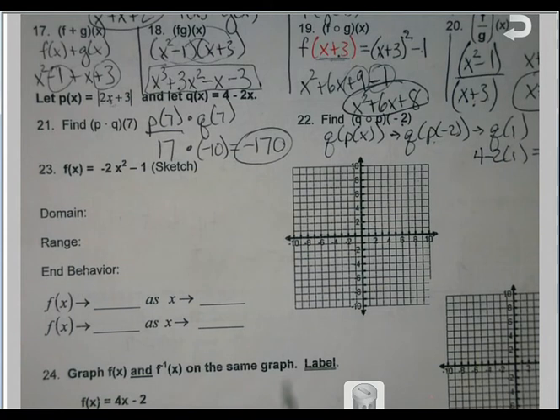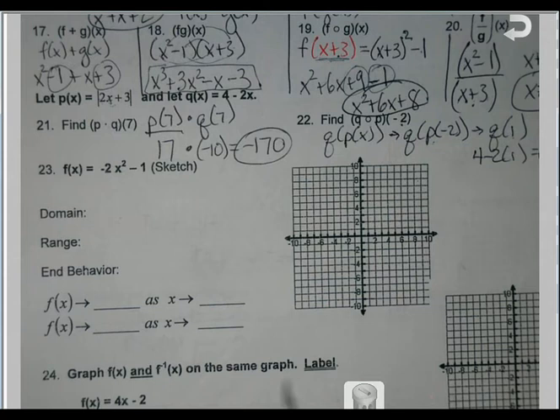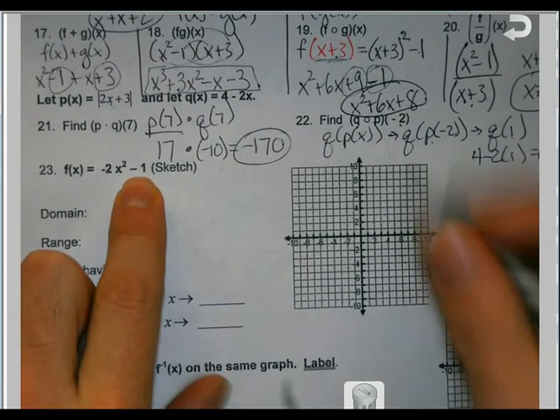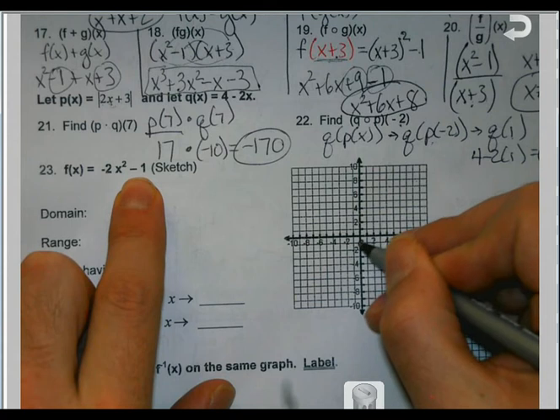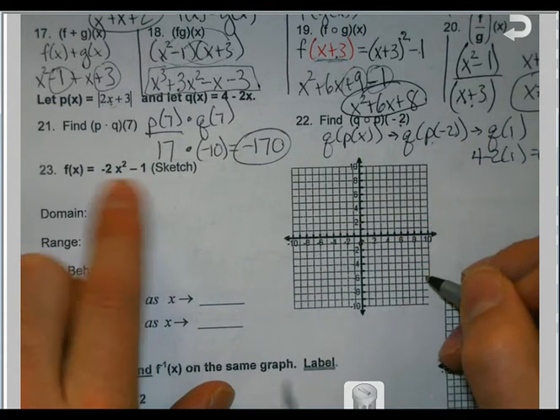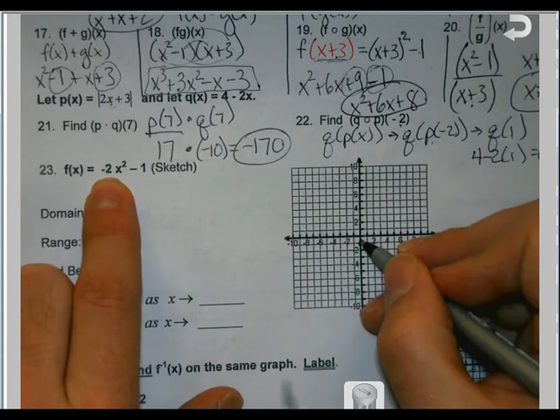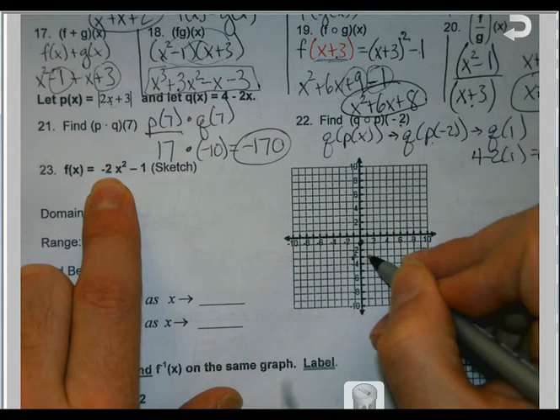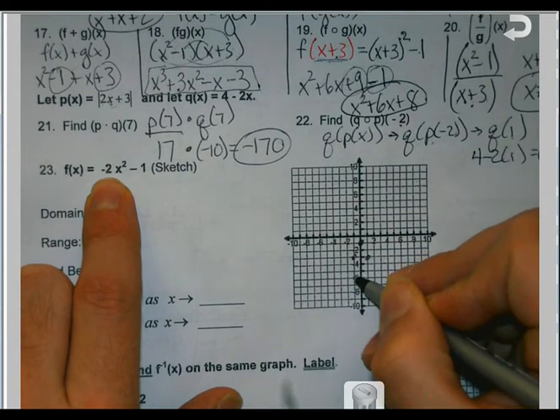23, a little review. Okay, sketch -2x squared minus 1. Now again, there's a shortcut, but there's an option. This tells me where my y-intercept would be. The -2 means it's opening down, and my slope, air quotes, would be -2.